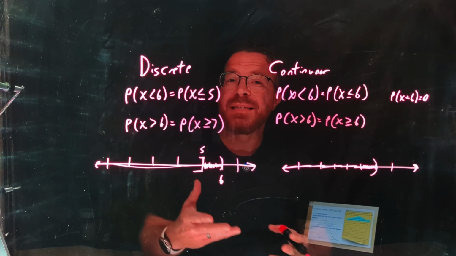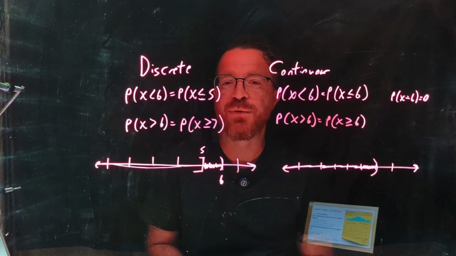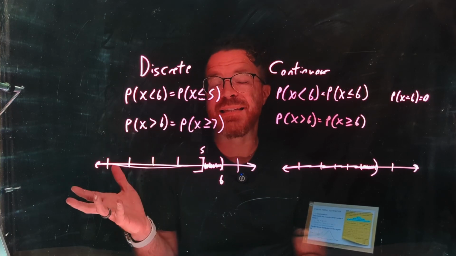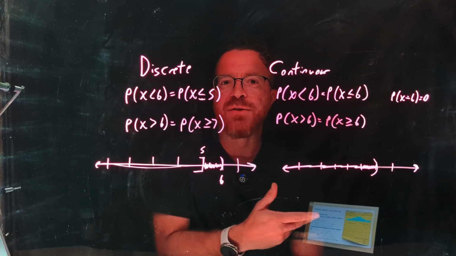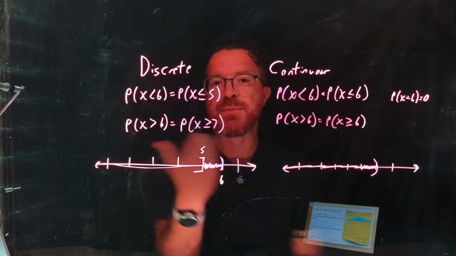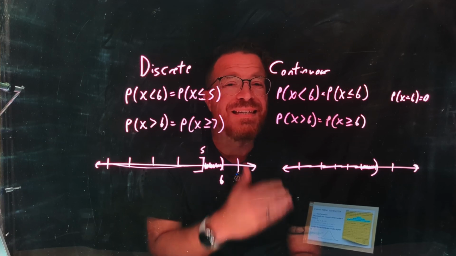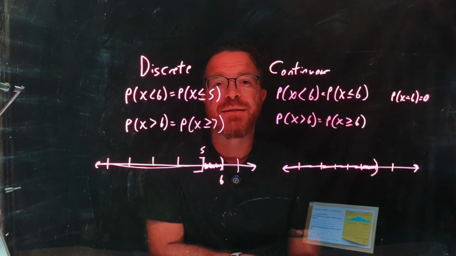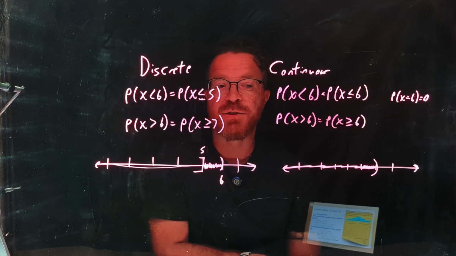So there will be times in this section where you will see that I'll add or subtract the equals to kind of keep things consistent. For example, if I have something that is less than 6 and I take the complement of that, it would be everything that is greater than or equal to 6, since 6 was not included in the original statement. But for calculations, it doesn't actually have any impact on your calculations when you're doing a continuous probability distribution.